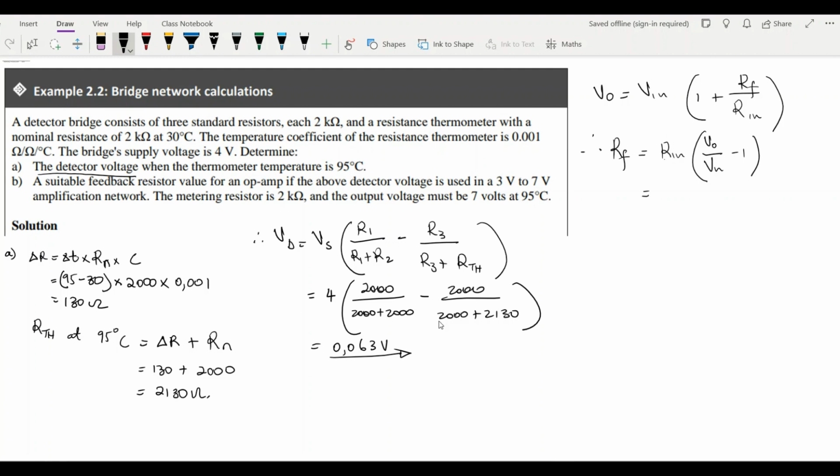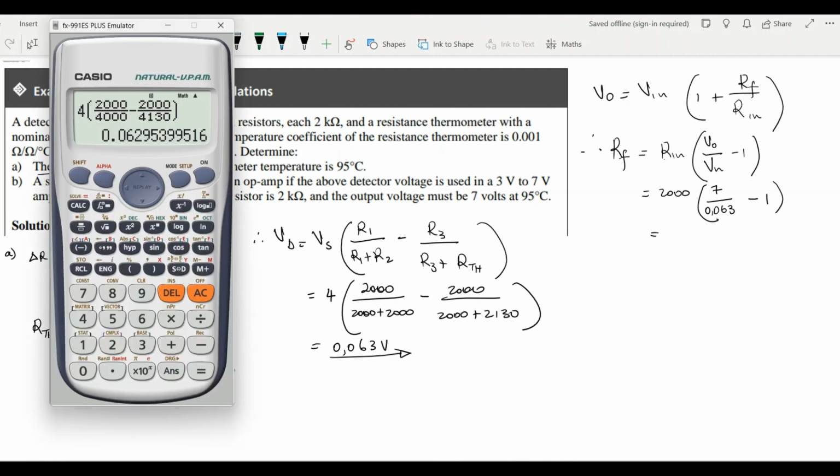Let us substitute that Rin is given as 2000. Vout, they said we must use 7 volt. Vin in this case is the detector voltage that they said we must use. So that will be 0.063 minus 1. See, we are using the detector voltage there. 2000 into 7 divided by 0.063 minus 1.